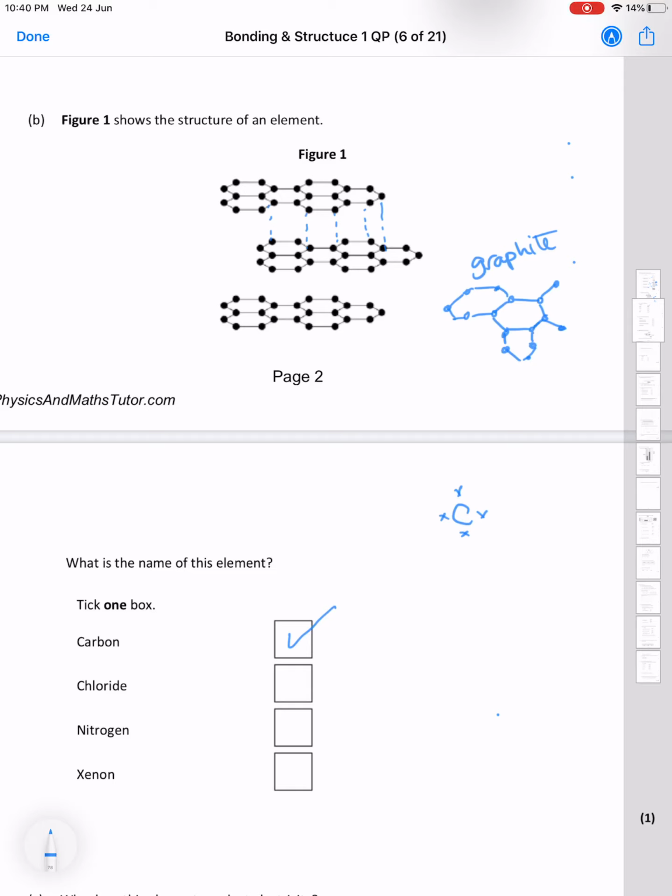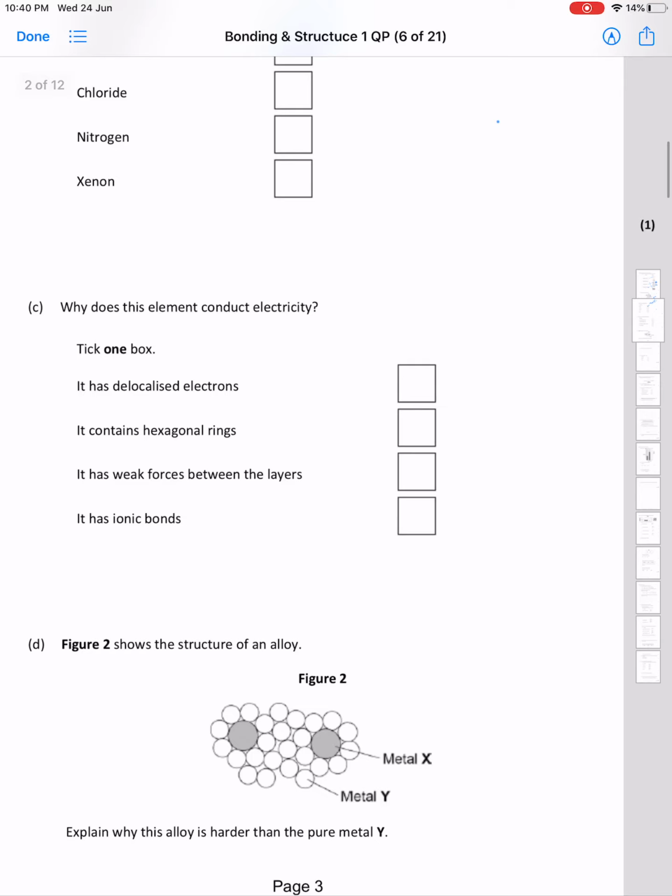Since they're connected with 3 other bonds, so this is connected, that's connected, and the other one is connected, this will leave one extra electron delocalized. This extra delocalized electron is the one that will help to conduct the electricity.